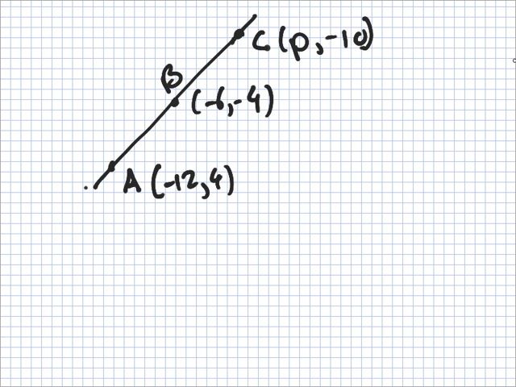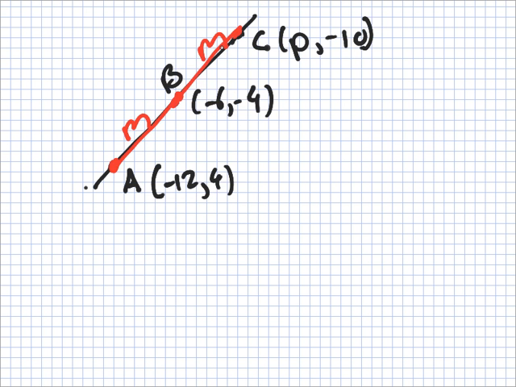But what's the concept? They all have the same m. Yeah, if you calculate the m between A and B, that slope should be the same as between B and C, because they're all on the same line. This is your idea.